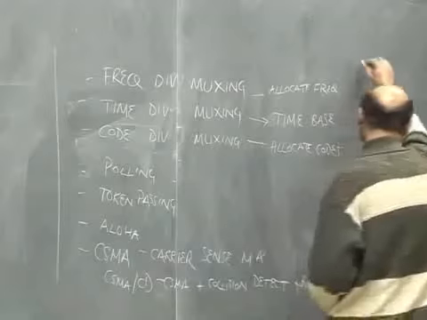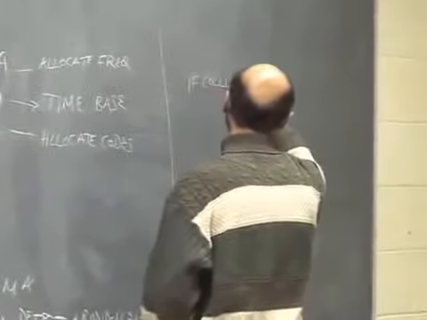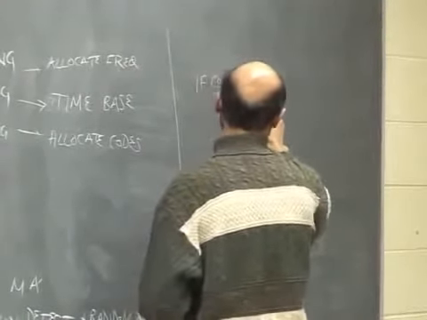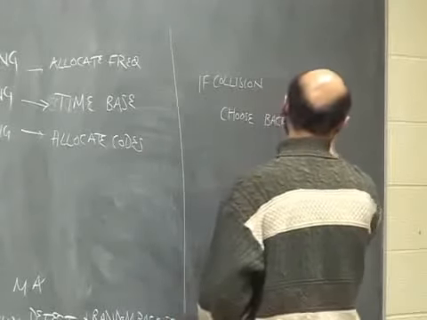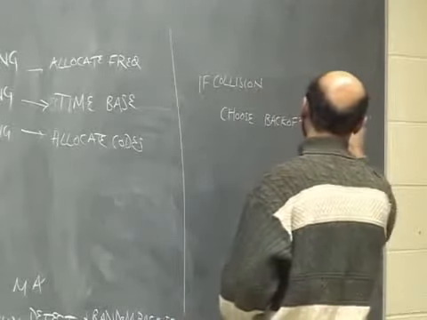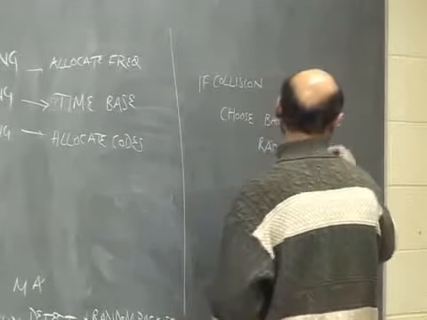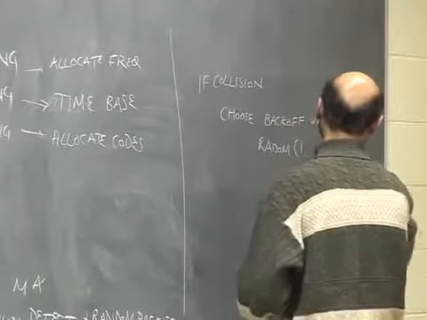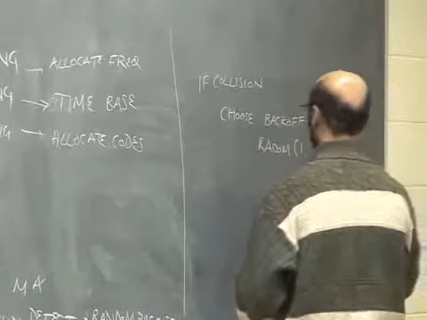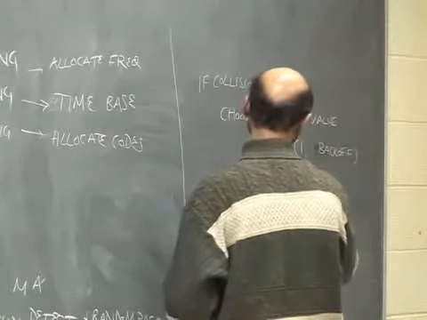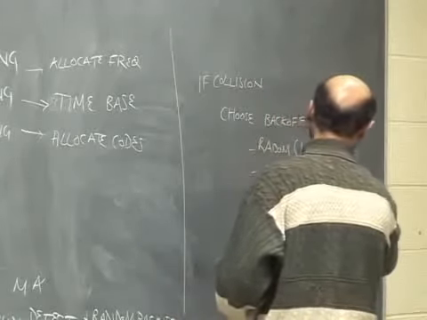It's like this. If there's a collision, we choose what's called the back off value, randomly in the range 1 to max. And what we do is set back off equal to twice back off.